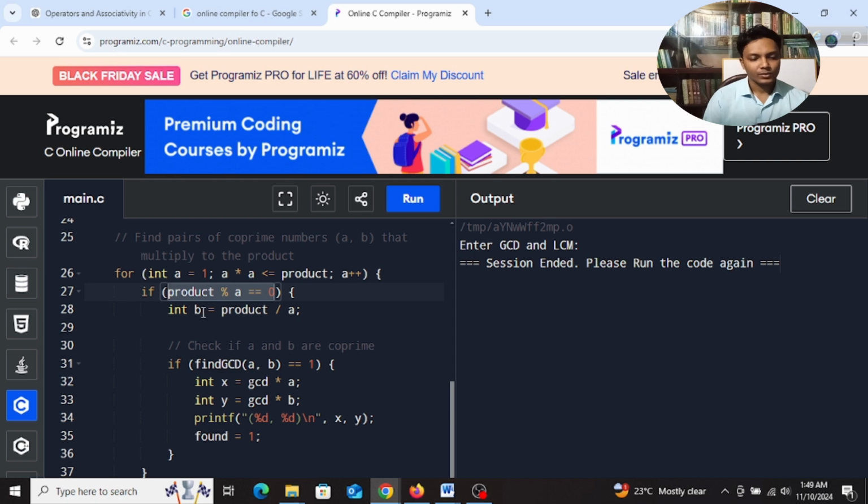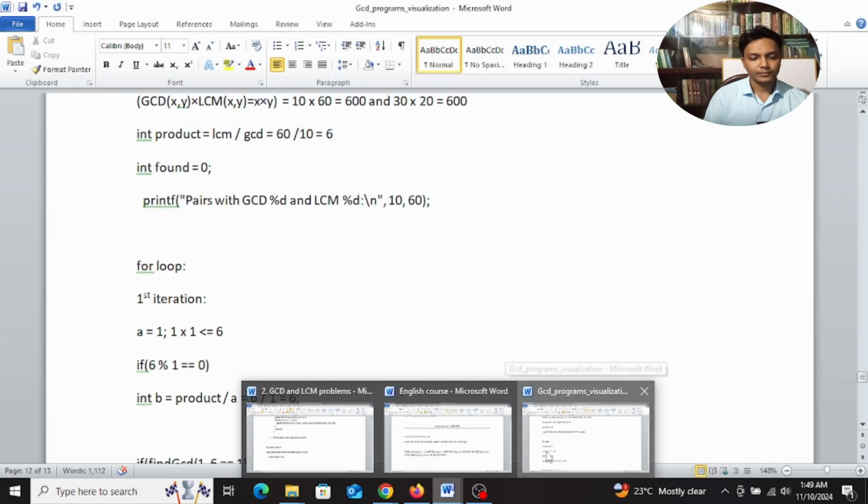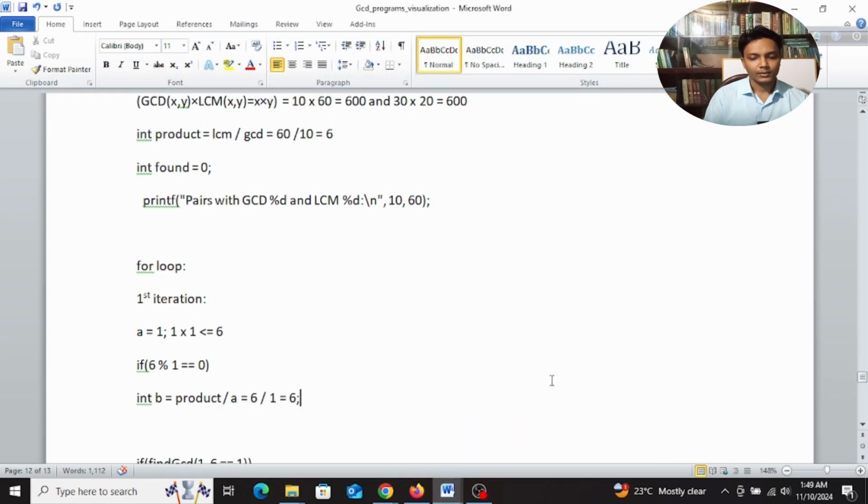So b holds product divided by a: product is 6 and a is 1, so we will get 6 as a result. You see here, product equals 6.